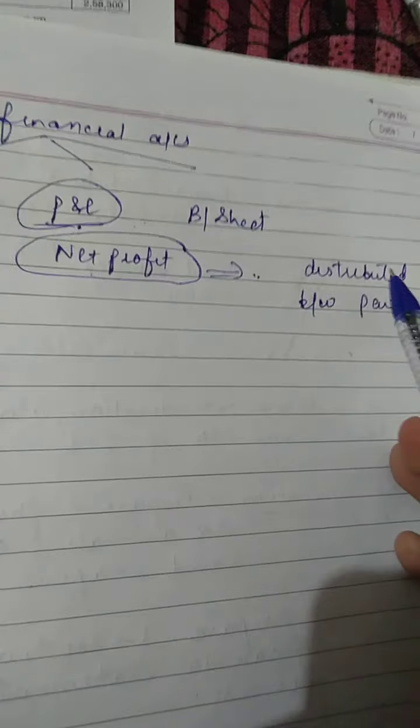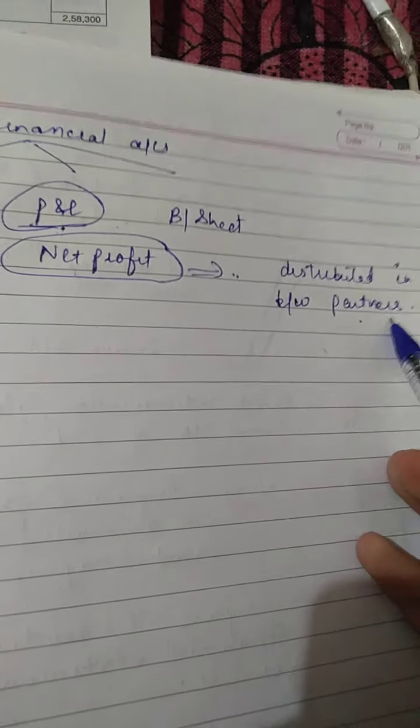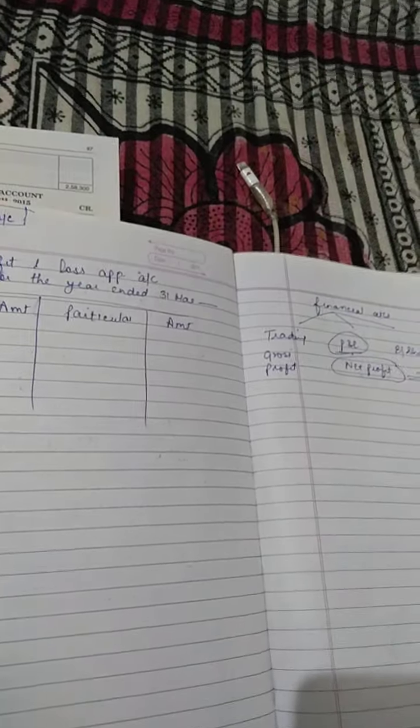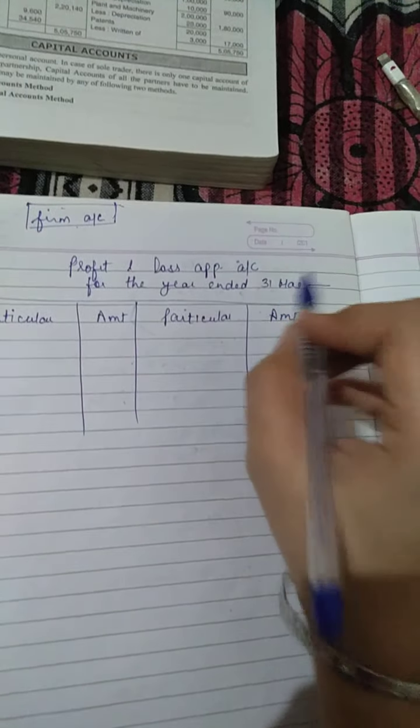When we are distributing the profit to the partners, we are also going to charge some of the things that are required. So see what we are going to do in this account. On this side you don't need to write.